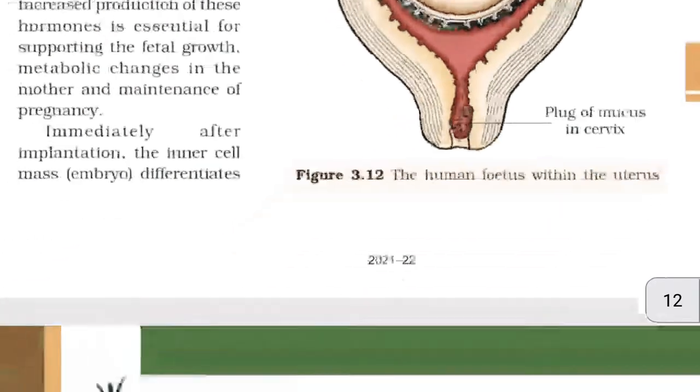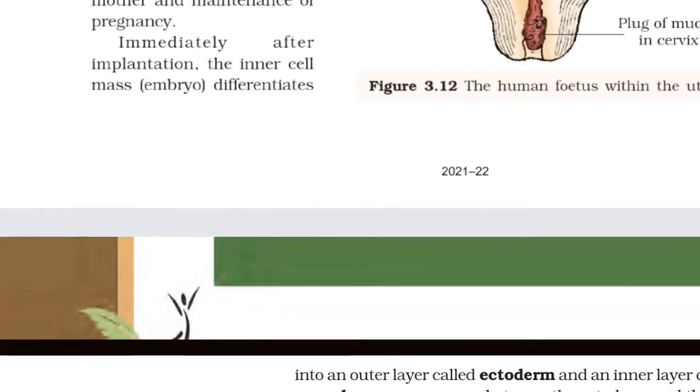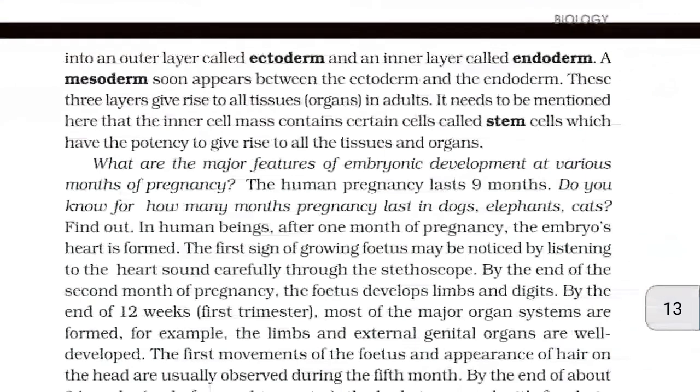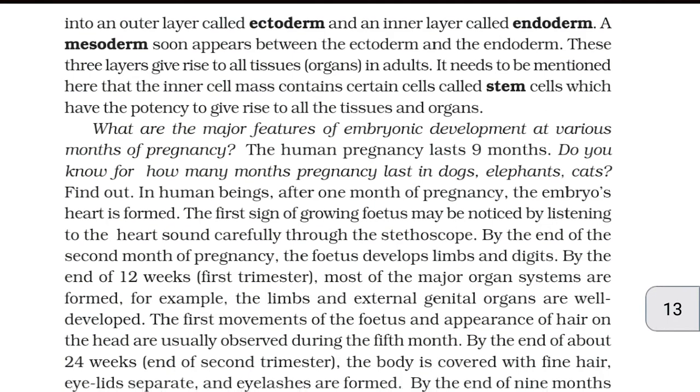Immediately after implantation, the inner cell mass of the embryo differentiates into an outer layer called ectoderm and an inner layer called endoderm. A mesoderm soon appears between the ectoderm and endoderm. These three layers give rise to all tissues and organs in adults.